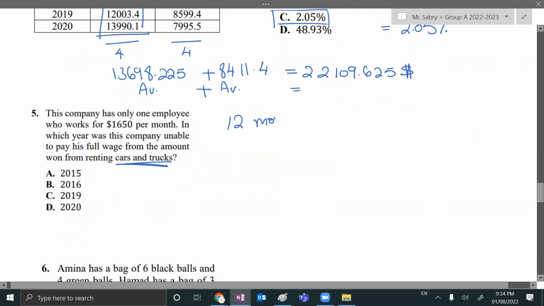So if this guy takes a salary of 1,650 per month, this means that through the year he'll take 12 multiplied by 1,650. That's his overall salary of the year. 1,650 multiplied by 12 is 19,800. Exactly. So this is the amount he takes over the year.